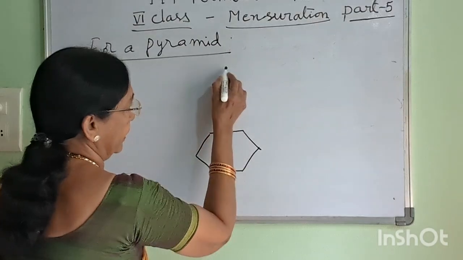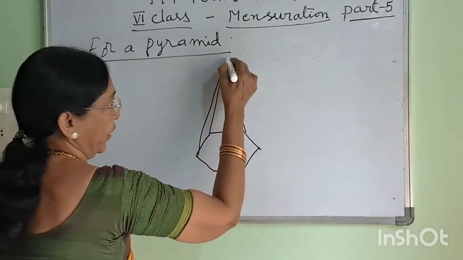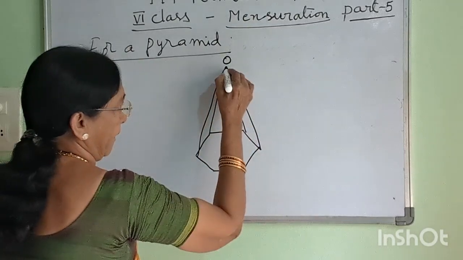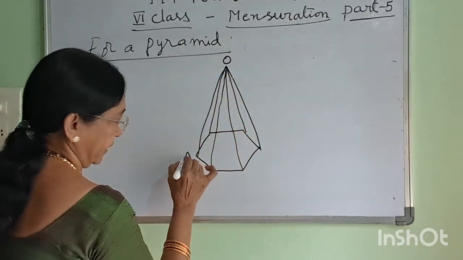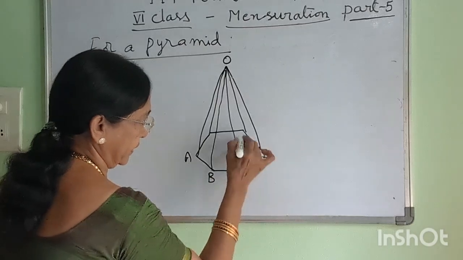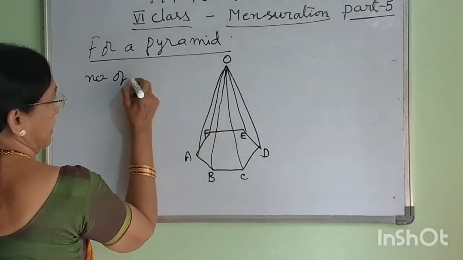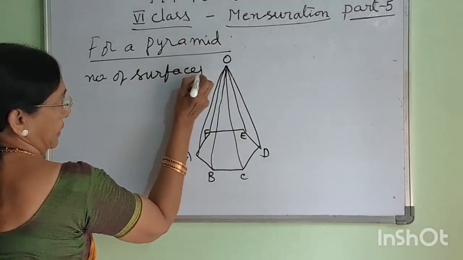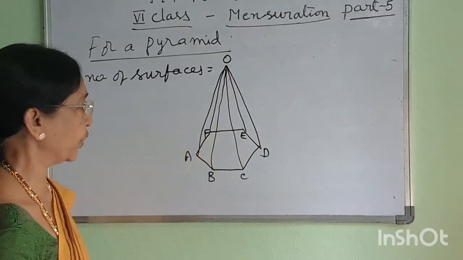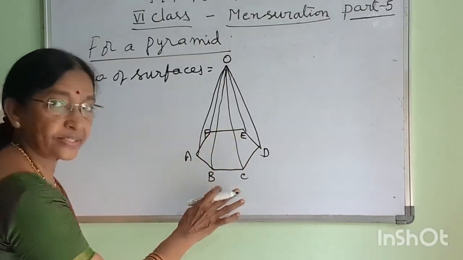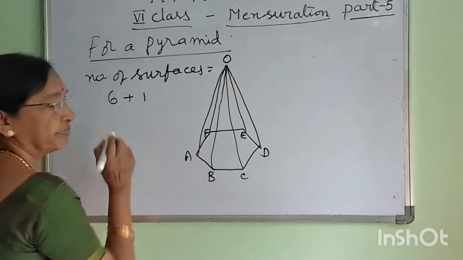There is a point in the air, and all the vertices are joined to that vertex point O. Let the hexagon be A, B, C, D, E and F. For this pyramid, the number of surfaces is equal to the number of sides of the base, as it is a hexagon it has 6 sides, plus 1.